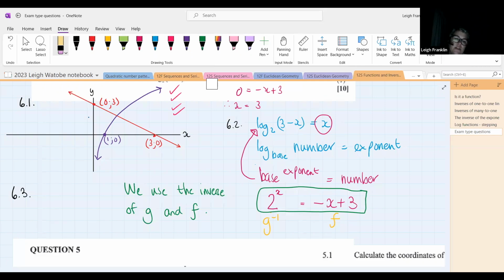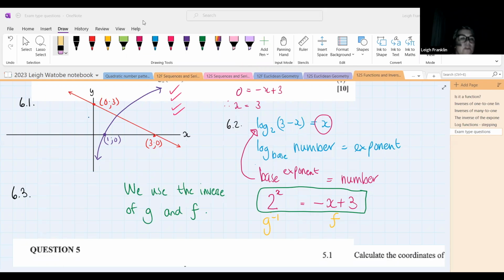On the left, we have 2 to the x. On the right, we have minus x plus 3. What would x need to be in order for the left and the right to balance? Ah, Tlogi. Yes, good. It would need to be 1.